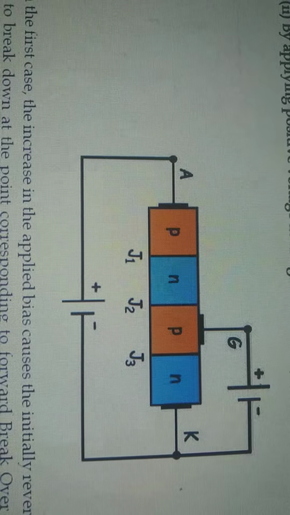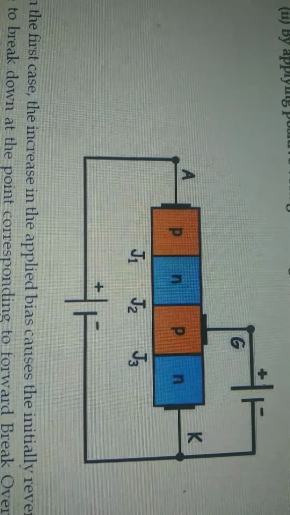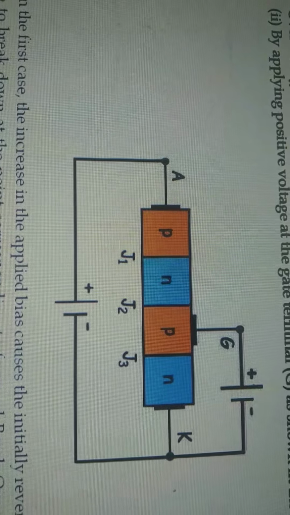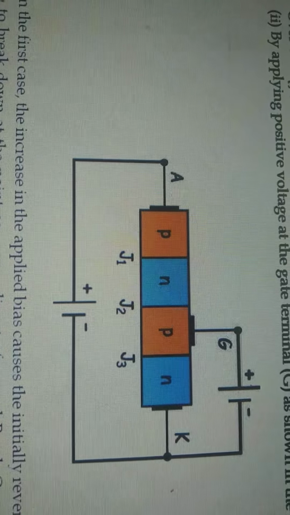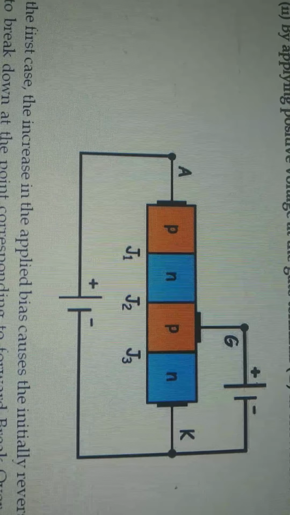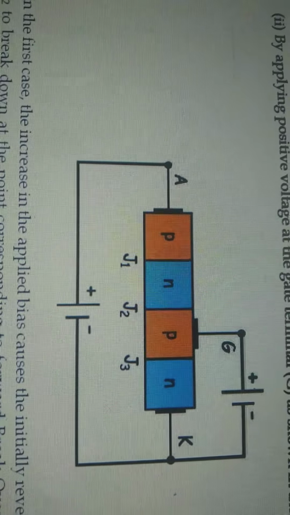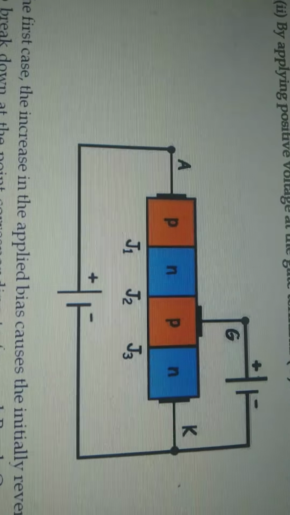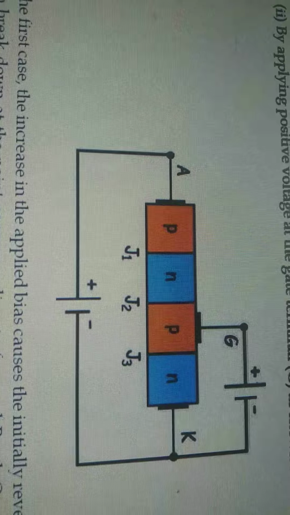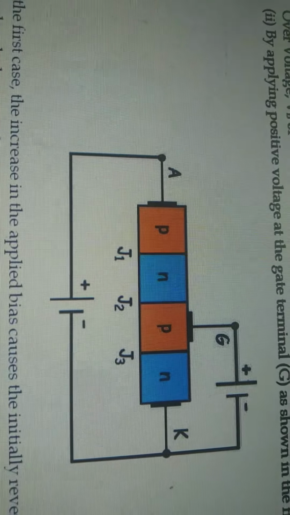To maintain the SCR in conduction state even though the gate terminal is removed, that is called latching current. Means latching current is defined as the minimum amount of current required by the SCR to maintain the SCR in its conduction state even after removing the gate terminal.